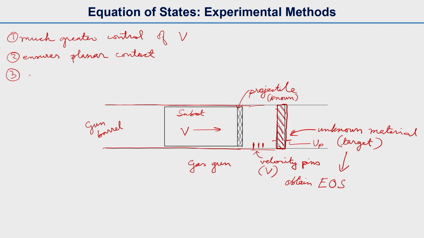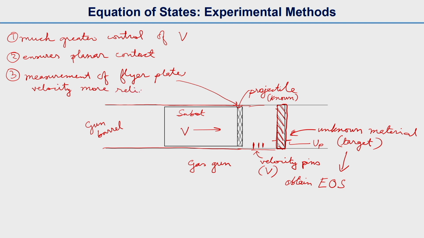One more point is that measurement of the flyer plate velocity is more reliable. We have control over the projectile velocity and can also measure it easily with greater reliability. So that is two points.